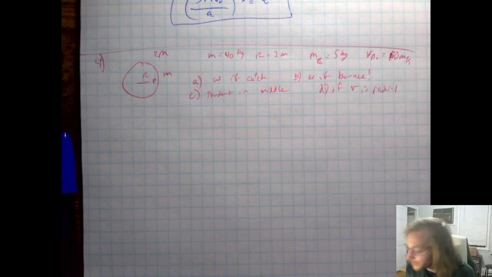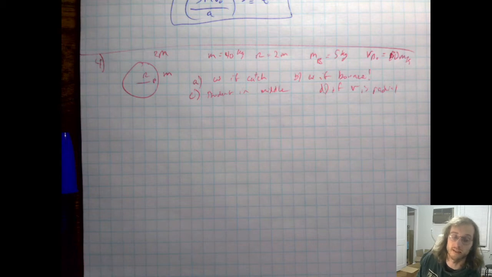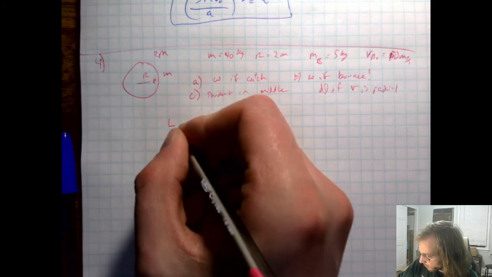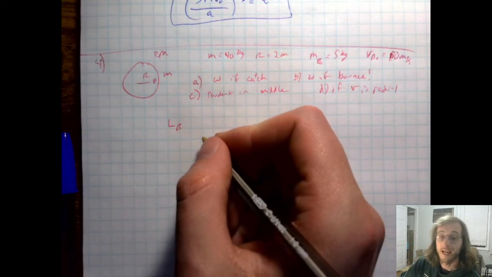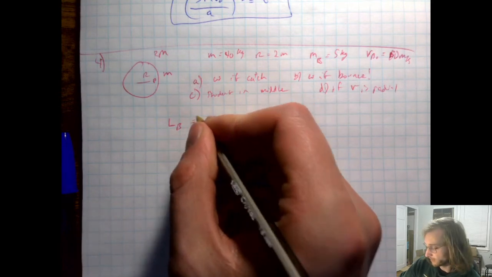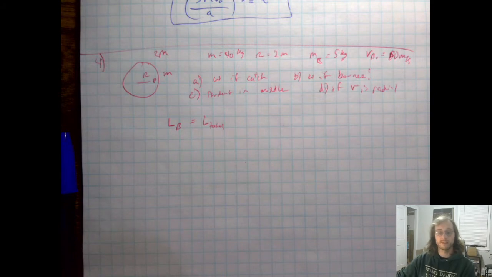At the beginning, our only object with any angular momentum is our medicine ball. And it's an object that's moving linearly and still has some angular momentum as a result. So we'll say that the angular momentum of the ball at the beginning is our only angular momentum at the beginning. At the end, they're all stuck together, and they're all sharing that angular momentum.